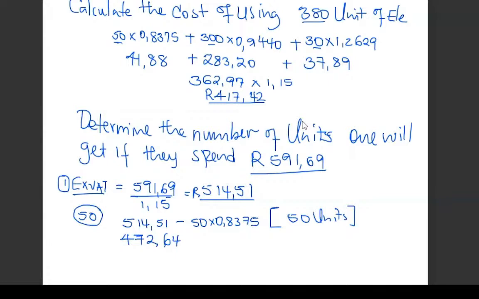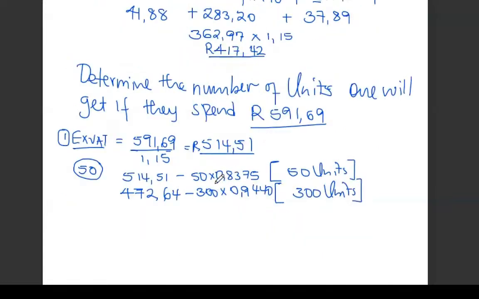You see? So this is pushed to bracket number 2. But bracket number 2 needs a maximum of 300 units. And each unit is charged at 0.9440. How much is it? These are 300 units. You see?